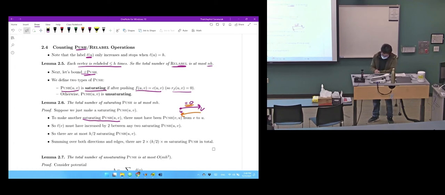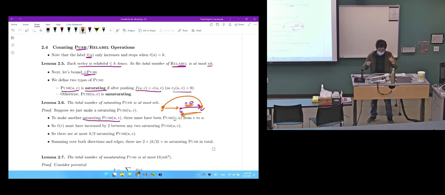But to push from v back to u, the level of v must have increased by at least 2, so that I can move the flow from higher to lower.